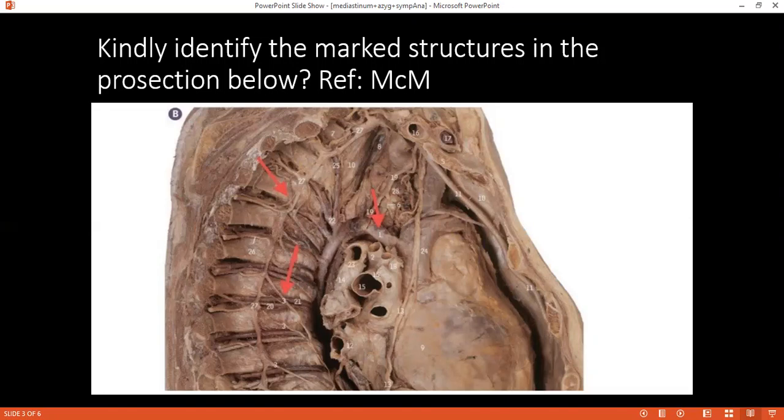Can you please identify and tell me what this arrow is pointing at? This is the spinal nerve and intercostal vessels. Can you please identify this 3?